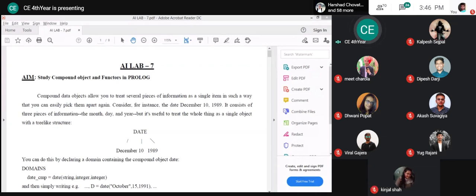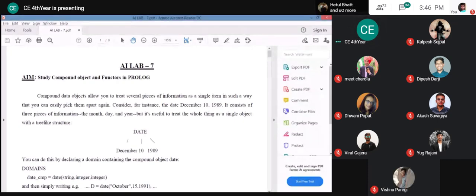Okay, so let's start with our lab, everyone. The aim is to study compound objects and functors in Prolog. Basically, why do we use compound objects? Compound data objects allow you to treat several pieces of information as a single item, in such a way that you can easily pick them apart again.